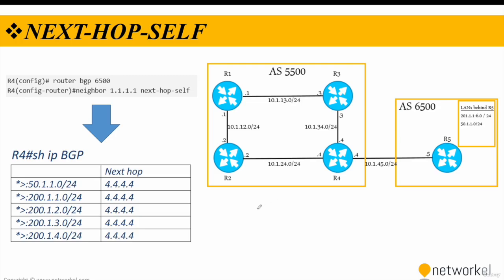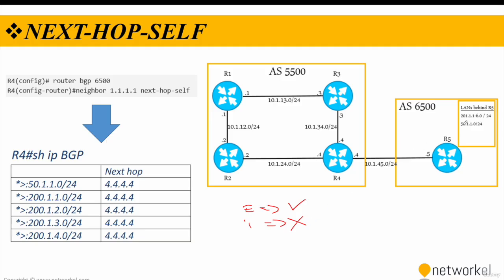We need to know something very important here. An eBGP peer changes the next hop on the advertised route. On the other hand, an iBGP peer does not change the next hop address on the advertised route.